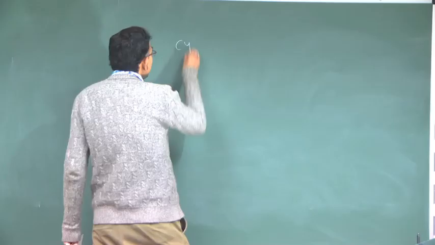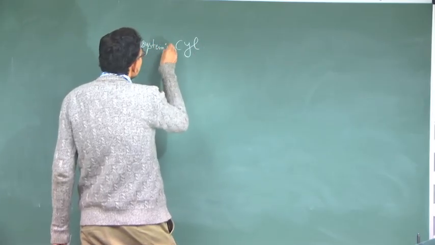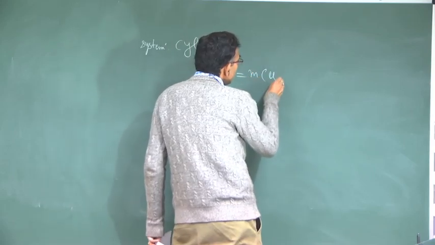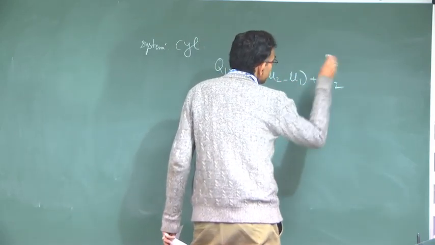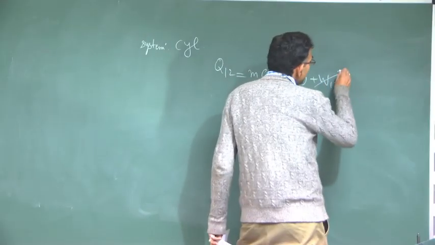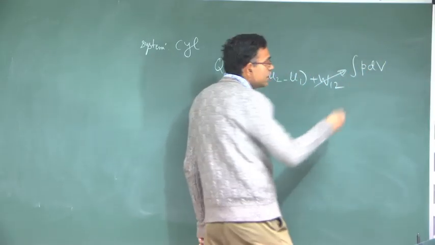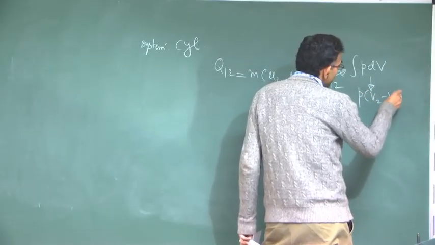So, you have the cylinder as the system first. So, you have Q12 is equal to m into U2 minus U1 plus W12. W12 is integral P dV, right. It is a constant pressure process. So, this is P into V2 minus V1.